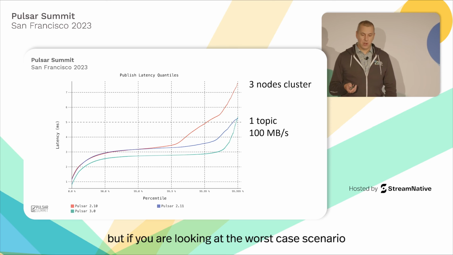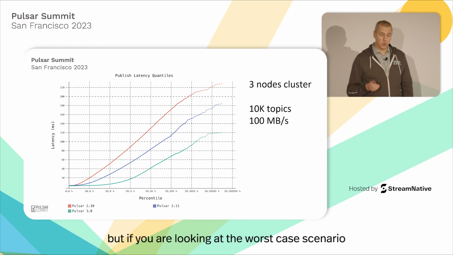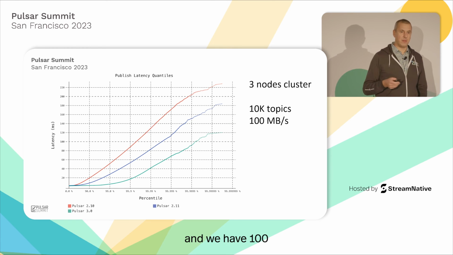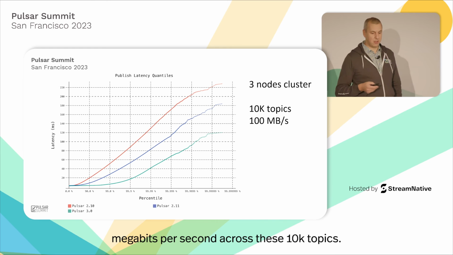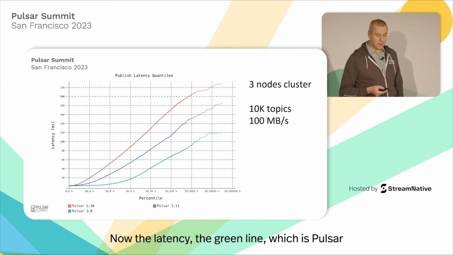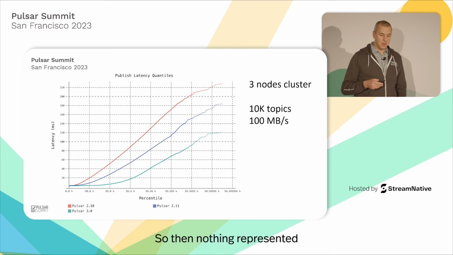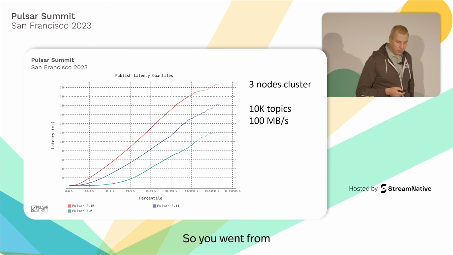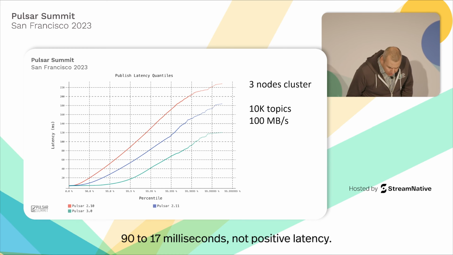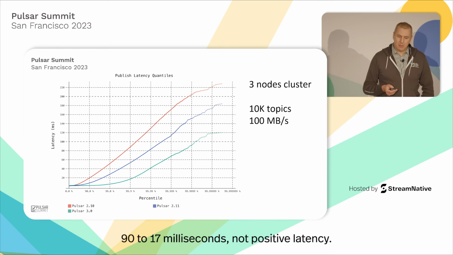But if you are looking at the worst case scenario, now we have 10K topics, and we have 100 megabytes per second across these topics. Now the latency, the green line, which is Pulsar 3.0, looks much better. The 99th percentile latency is significantly lower. It went from 90 to 17 milliseconds.